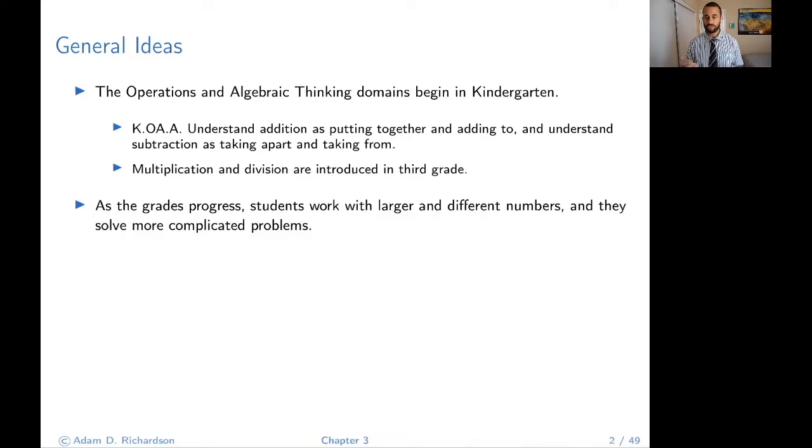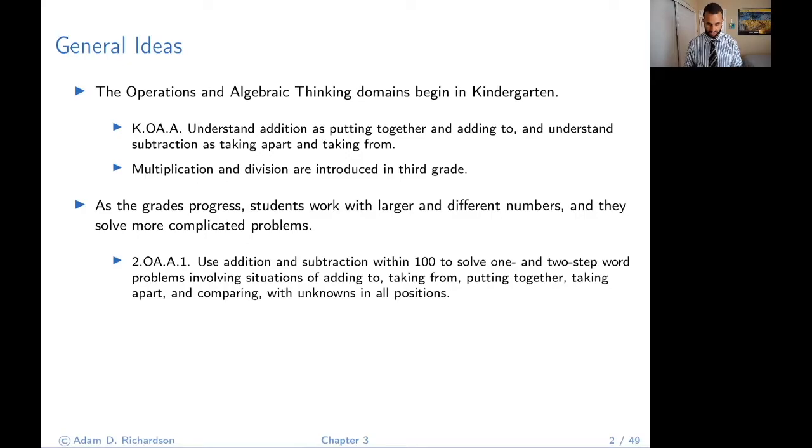As the grades progress, students will work with larger and different numbers, and they'll solve more complicated problems. For example, we expect an exiting second grader to be able to use addition and subtraction within 100 to solve 1- and 2-step problems involving situations of adding to, taking from, putting together, taking apart, and comparing, with unknowns in all positions.